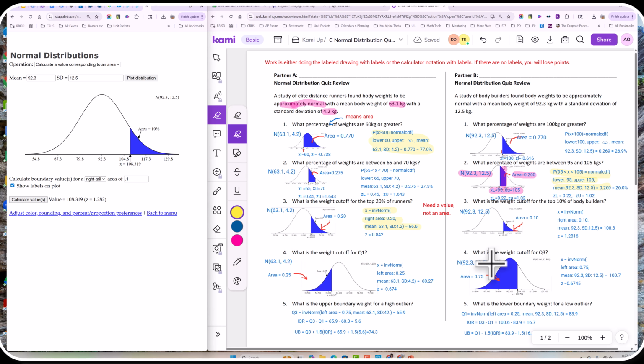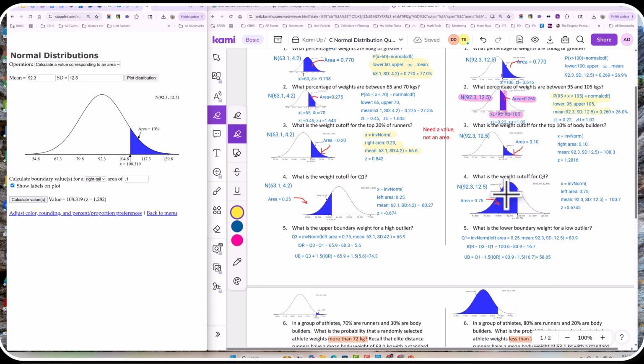Okay, let's go to number 4 on the right. What is the cutoff for Q3? Q3 is the 75th percentile. Percentile goes from the left. So if I want to do it as a percentile, I should have left tail and I should put 0.75 in. My other option is I could say, oh, that's just before we cut off the top 25%.